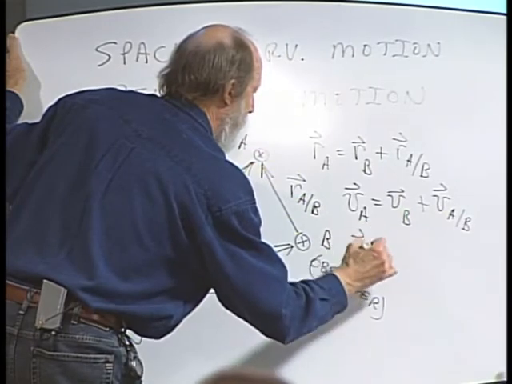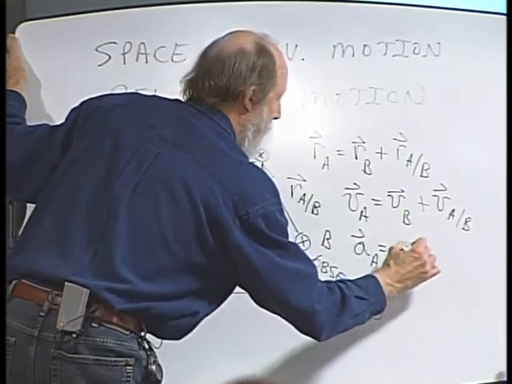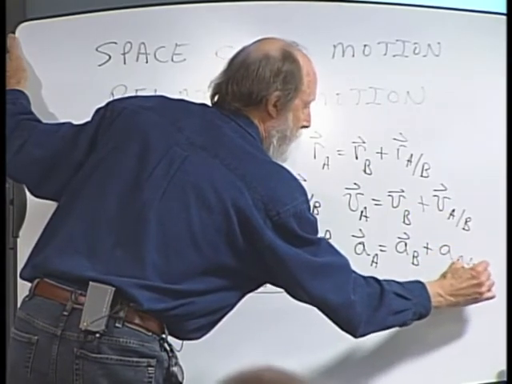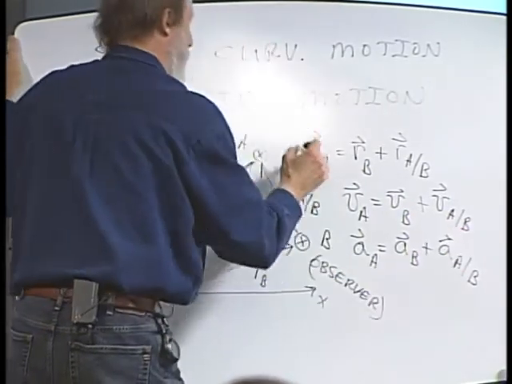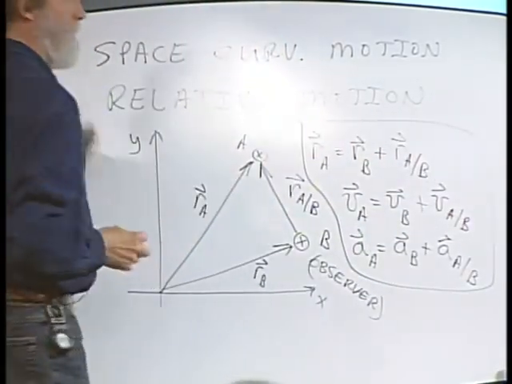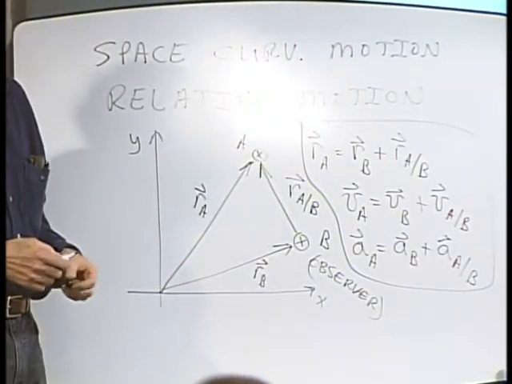The acceleration of A is going to be equal to the acceleration of B plus the acceleration of A relative to B. So here are your kinematic relationships for relative motion, an introduction to relative motion.